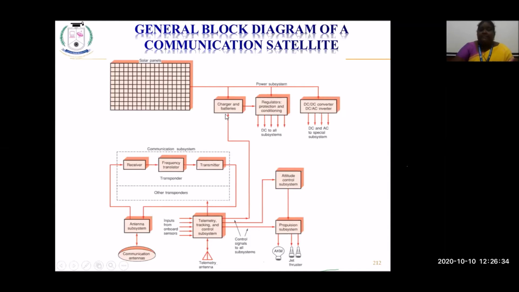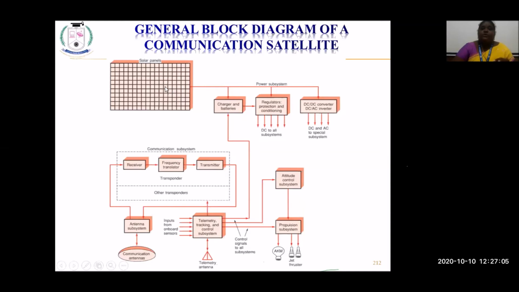Why are these batteries required? Because the satellite solar panels will not always be focused on the sun. Is it clear? When the satellite is rotating in its orbit, sometimes the face of the sun will not be focused on the solar panel, and at that time there will be a power failure. Also, in some cases solar and lunar eclipses occur, and the sun will be dark.